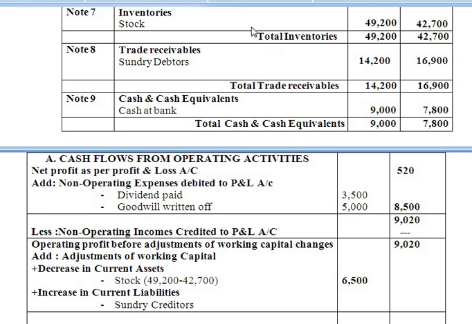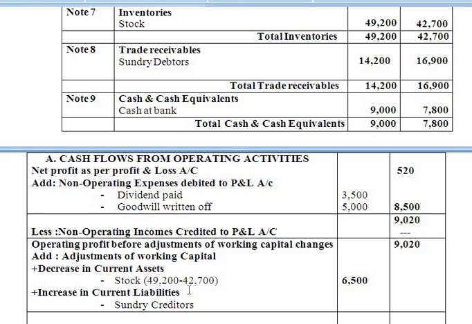So only stock will come here, because cash is the balance we need to find out, so it will not come in the calculation. Except cash and cash equivalents, we have to take all current assets.